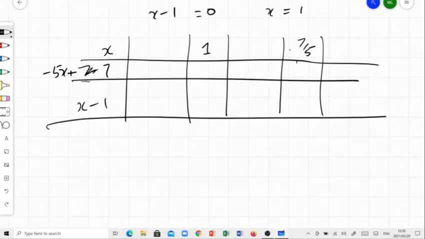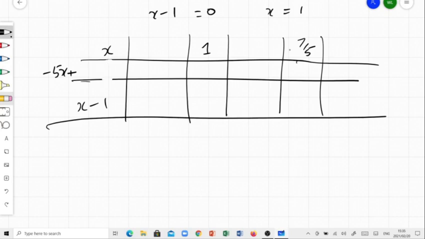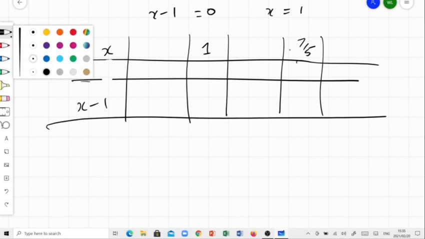What happens now is that I use what is called a test point. I pick a number to the left of 1, like 0, and I substitute it in here.